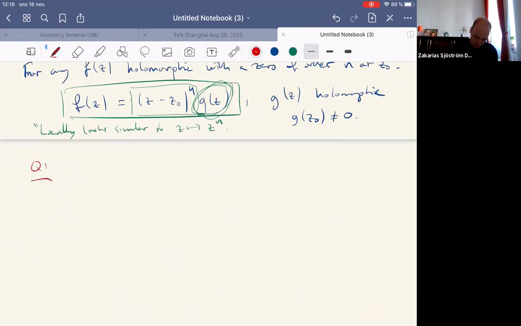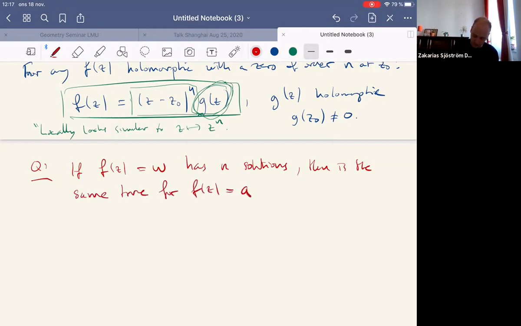So the question is, if f of z equals w has n solutions, as was the case for f of z equals z to the n here, then is the same true for f of z equals a, if a is close to w?